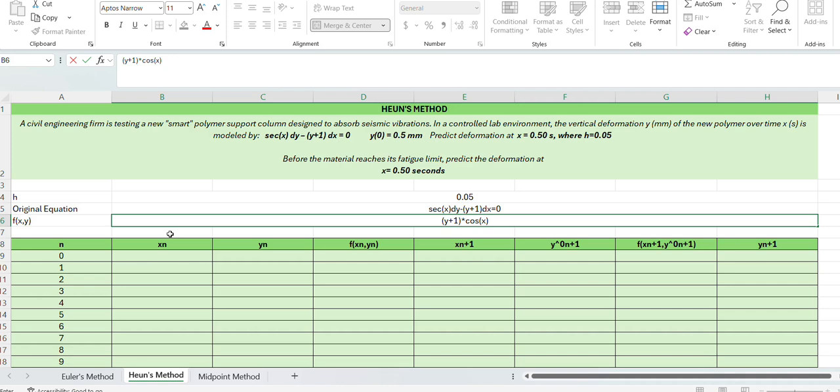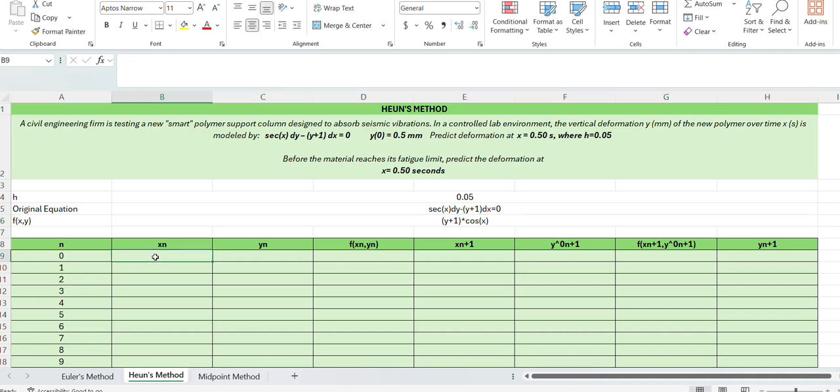For x_n here, we established that the initial value is 0, and it is given in this problem that y_n, or y of 0, is 0.5 mm. In the fourth column, we must find the value of f of x_n and y_n.